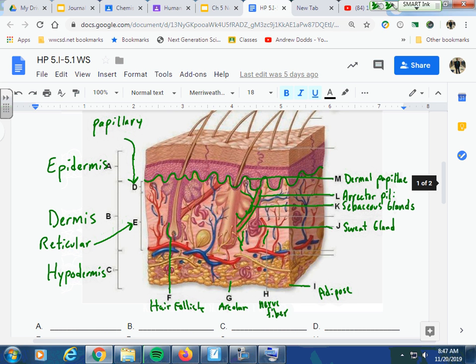And so that's the separation between epidermis and dermis. And the part of the dermis that comes up in that wave, that's referred to as a dermal papilla. You could look at the other side, the epidermis, the part that comes down, they call those epidermal ridges. Both of those are what make our fingerprints.